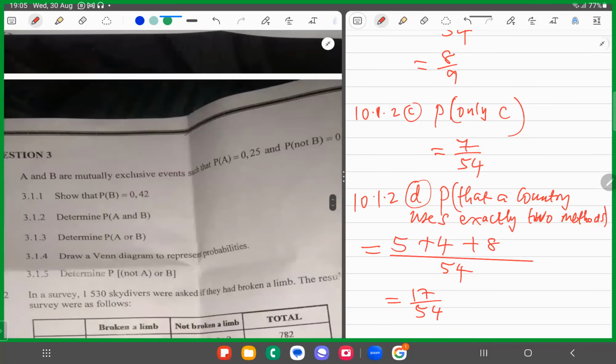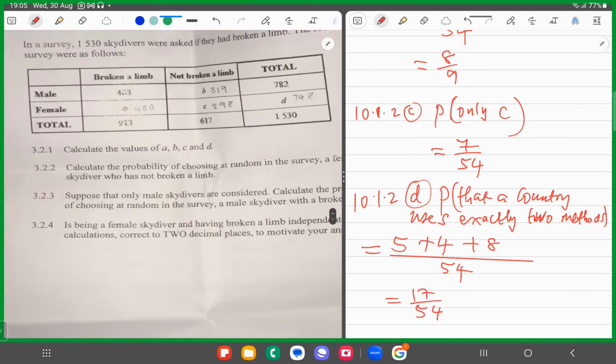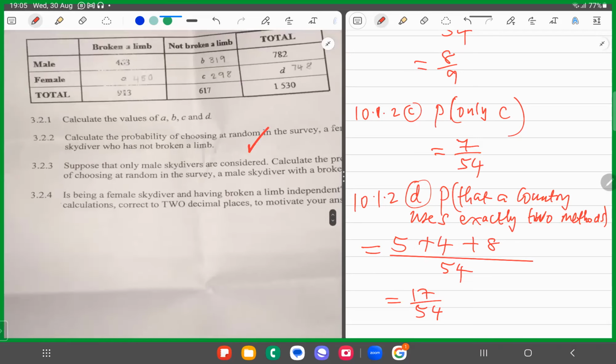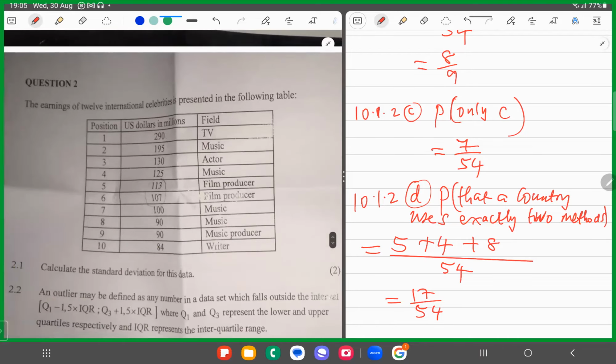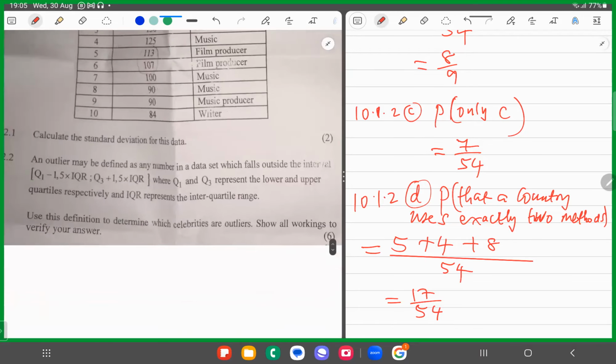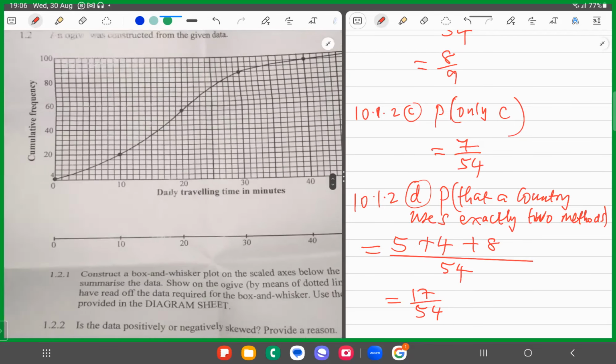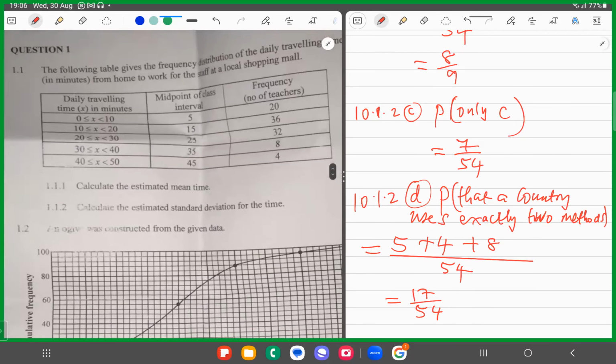Okay, we continue with the calculations. And also this one, we've already done above. Okay, let's just do question 1.